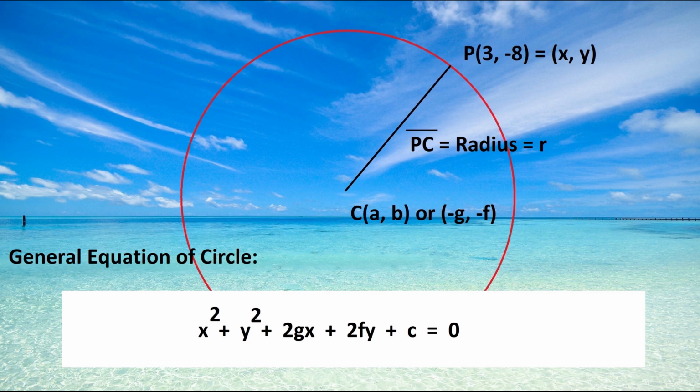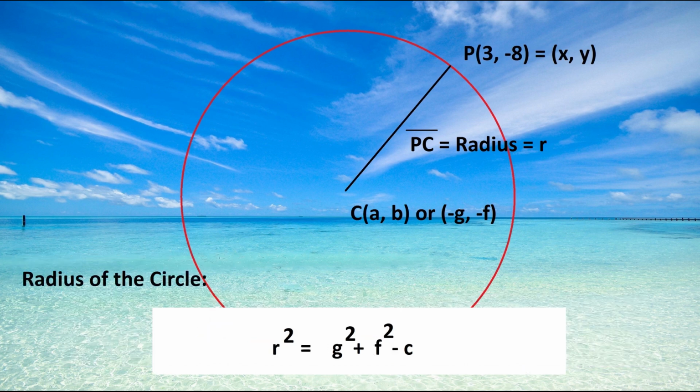We will discuss it later. We will definitely learn later how to solve these equations if we are given certain data and we have to find the value of the radius or the center or the point or many different things, and we will solve it in the next videos. And the radius of the circle, according to the formula, is: radius square is equal to g square plus f square minus c.